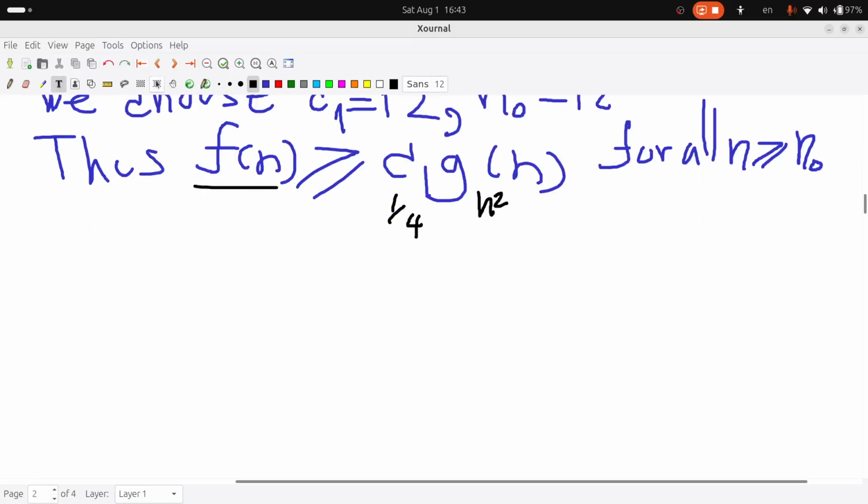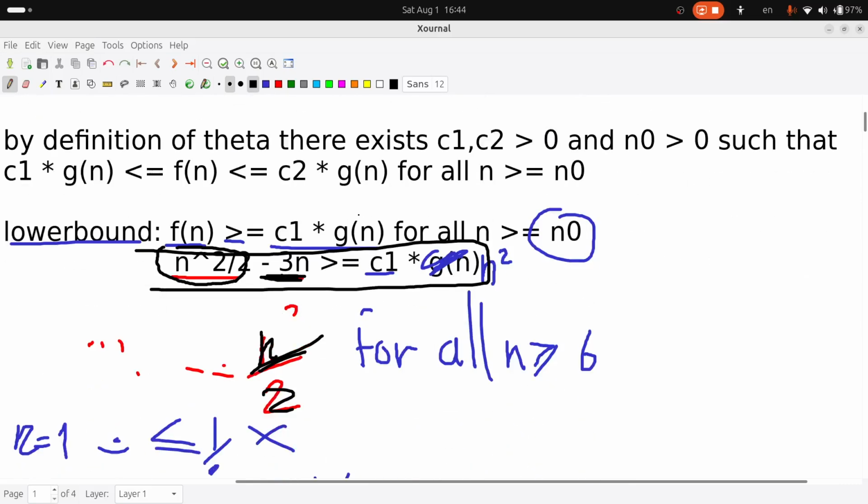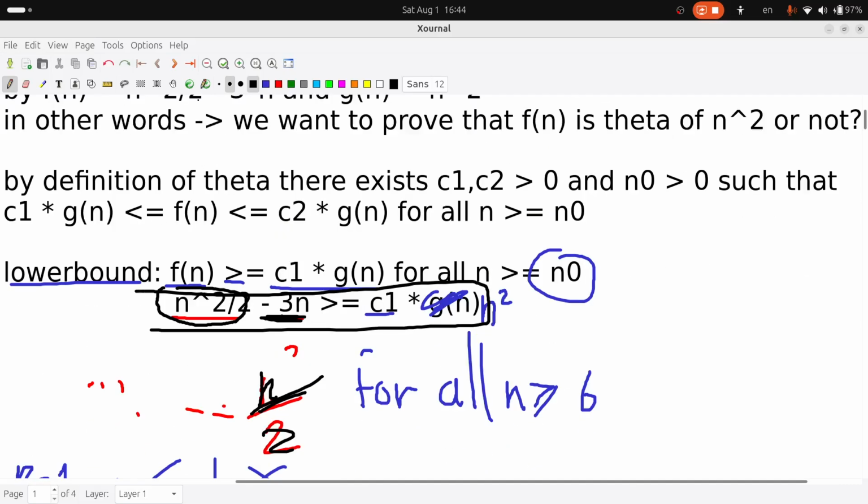So the next thing is the upper bound. We just did the lower bound, and we have to do the upper bound also. And what is the upper bound? The upper bound is this one: Fn less than or equal to constant C2 times Gn.